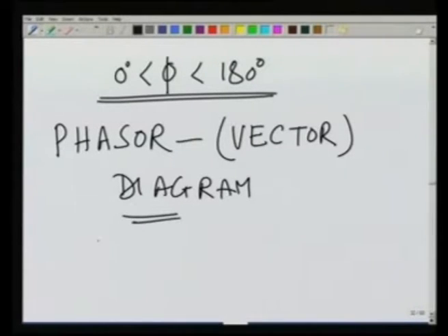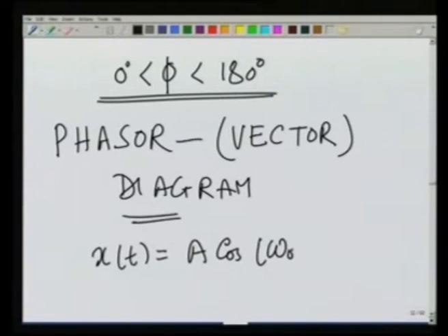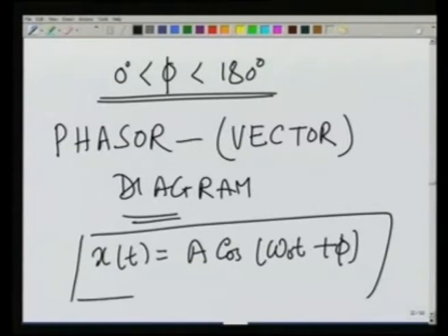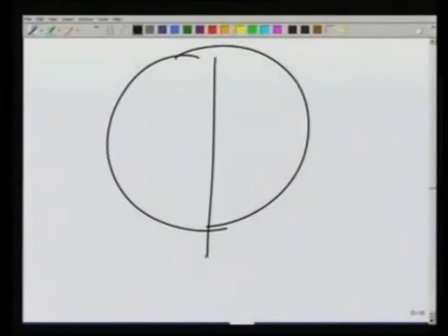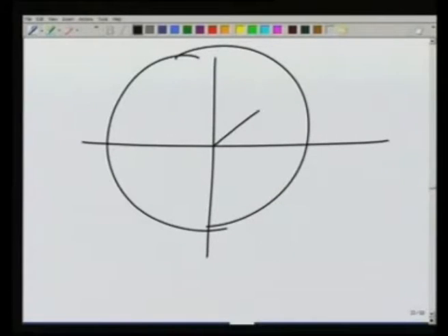And this is based on the fact that when I write xt is equal to a cosine of omega 0 t plus phi, what I am really doing is representing the x component of a radius equal to a, which is rotating in this direction at speed omega 0.